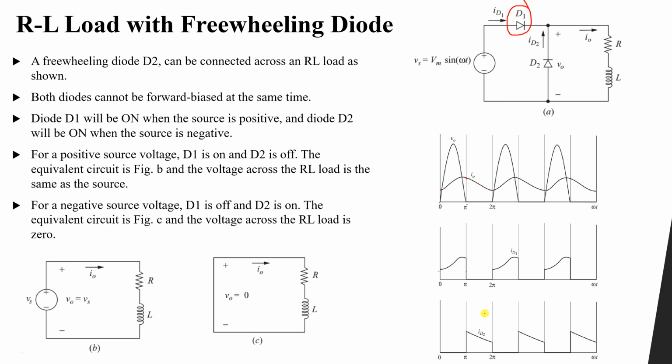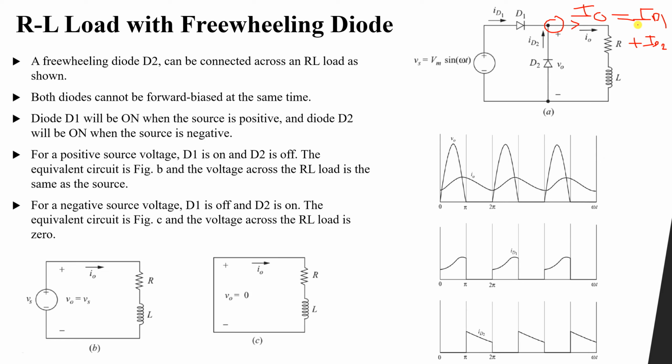Their summation at any instant, this is very, very important, gives I output. So I output equal to ID1 plus ID2, from KCL at this point. I output is equal to the summation of the two currents.